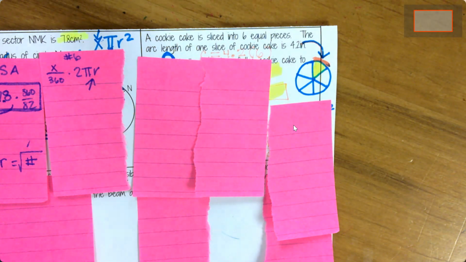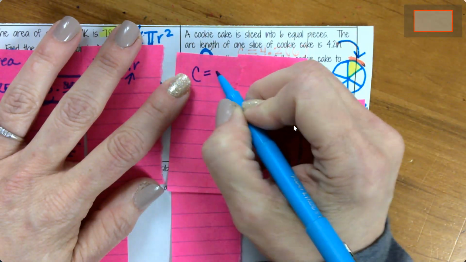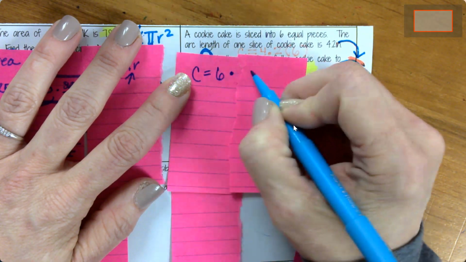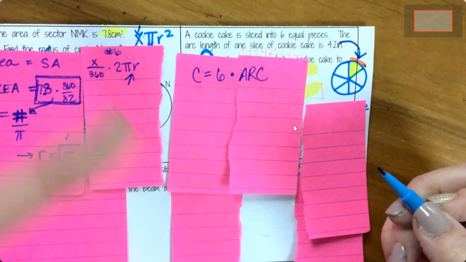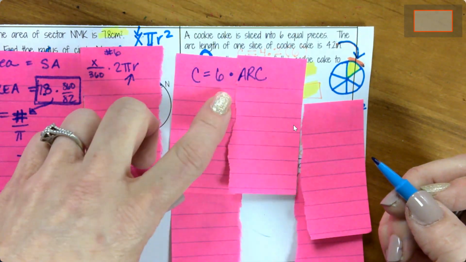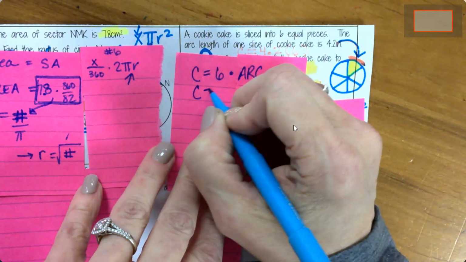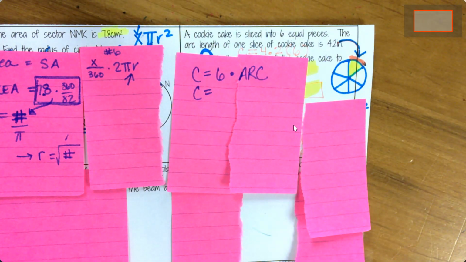So the circumference would be 6 times your arc length. You could find the circumference very easily, right? I'm not going to do it for you, but you could come up with that. And then if you come up with the circumference, what does it ask you for? It says diameter, right?